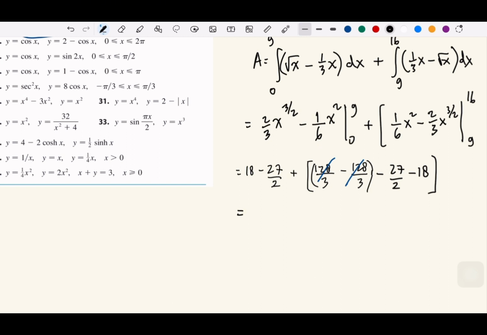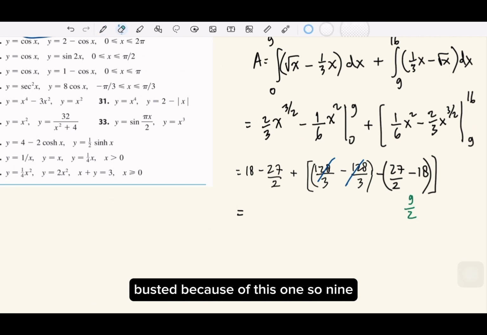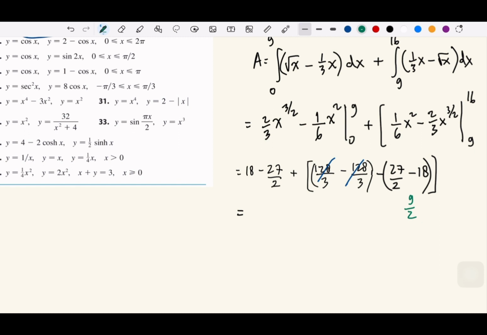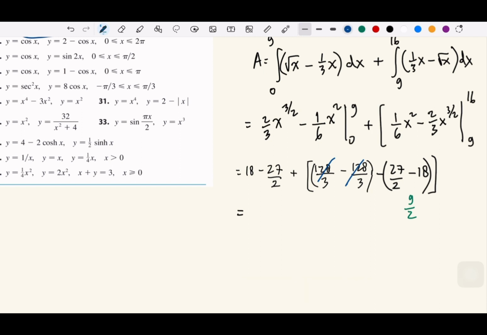Oh, wait. I almost got it wrong. So this will be 9, right? So it should be positive because of this 1. So 9 and another 9. So it will be 9, right? Yes, okay. Finally.